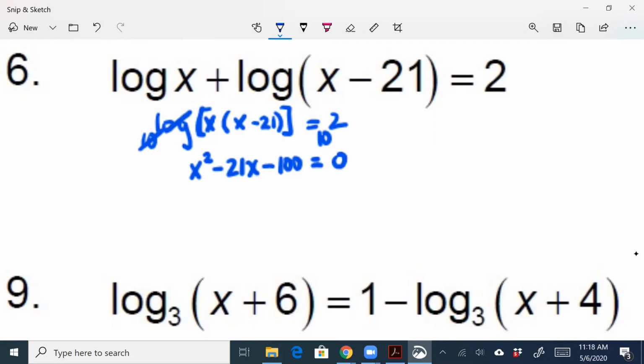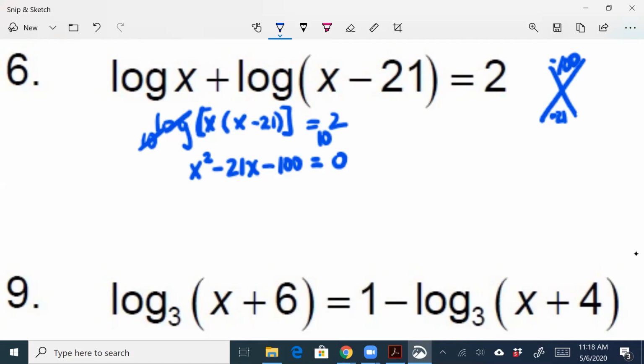And once again, we're looking for two numbers that multiply to a negative 100 and combine to negative 21. So I think 5 times 20 is 100, but if I subtract 5 and 20, I get 15, not 21.